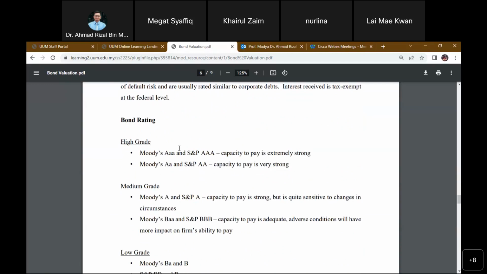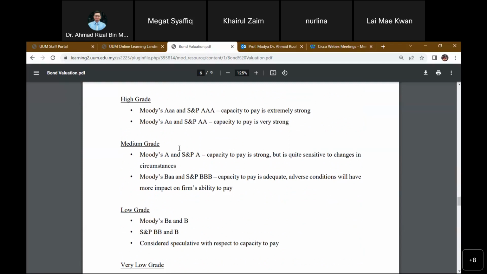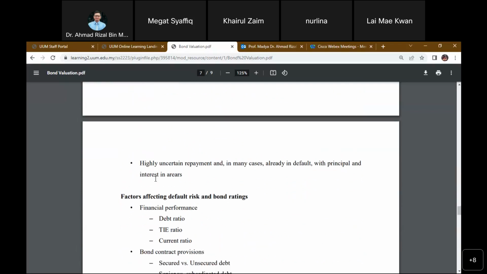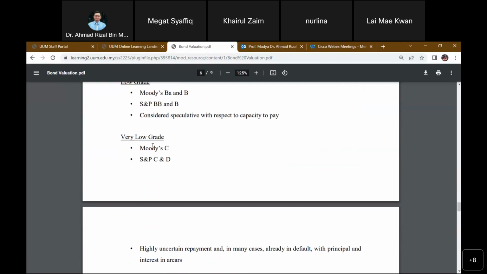So every corporation is rated, and hence the bonds they issue are rated accordingly, parallel to the rating of the company. So basically we have four types. We have high grade, medium, low, and very low grade. And even companies with low rating still issue bonds.